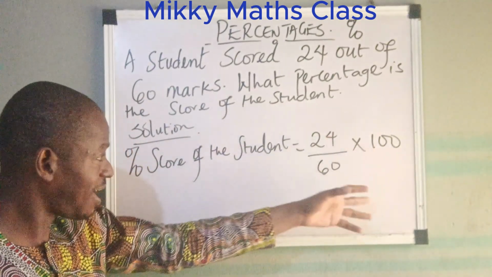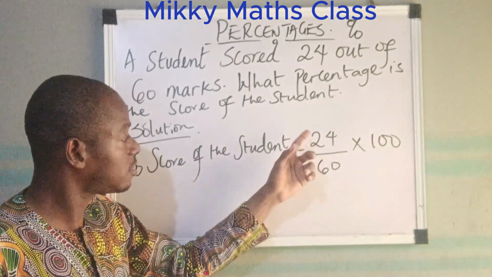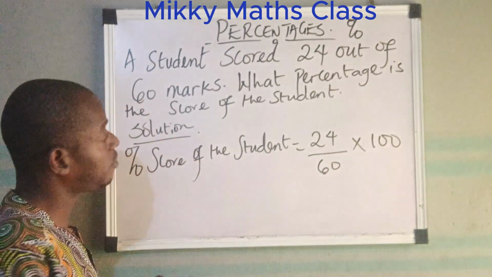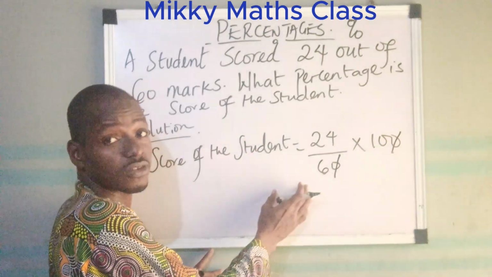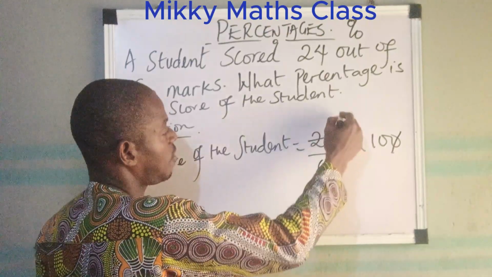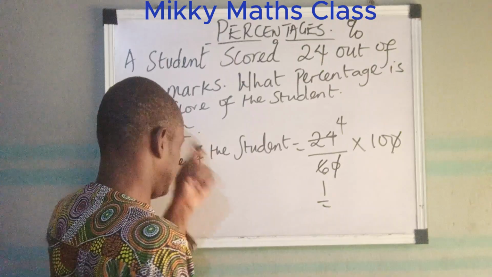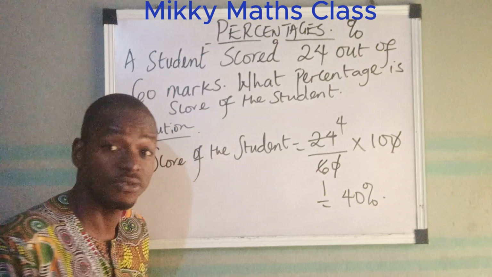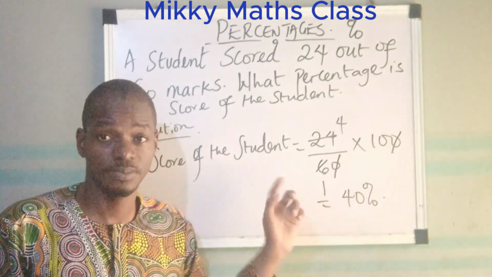So we multiply what is scored over the total marks times 100. Now, we cancel 10, dividing both sides by 10. 6 here 1, 6 here 4. So 4 times 10 is 40%. So the percentage score of the student is 40%.